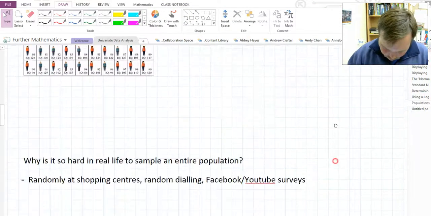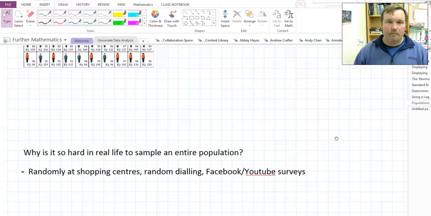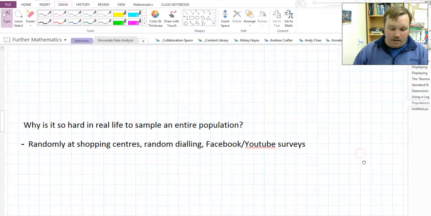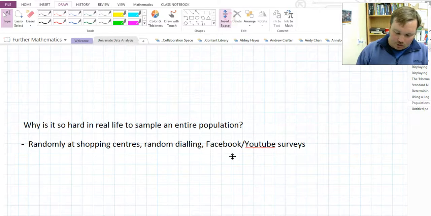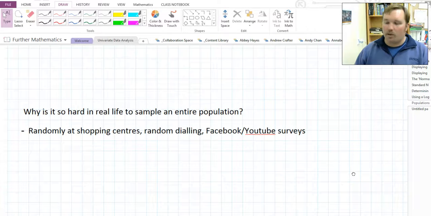Alright. Now, in real life, I should mention that sampling a population is stunningly difficult. Most famously, recently, we've tried to guess what the Americans are going to vote. So, if you want to work out what the American population will vote, sounds easy. You go out and you sample the population.